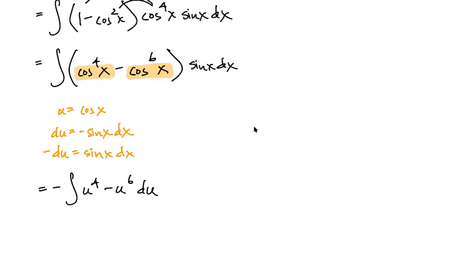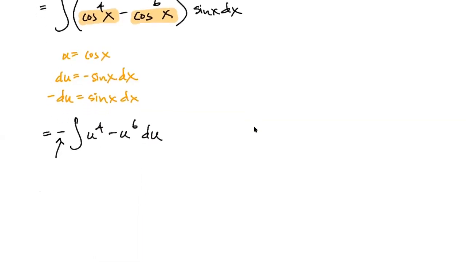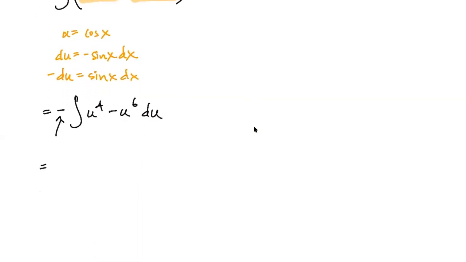So this looks really similar to our other problem. The biggest difference here, there's a minus sign right here, and there is a different u. Okay, so when we end, we're going to have cosines in our answer, not sines in our answer. So this will give us negative u to the 5th over 5 minus u to the 7th over 7 plus c.